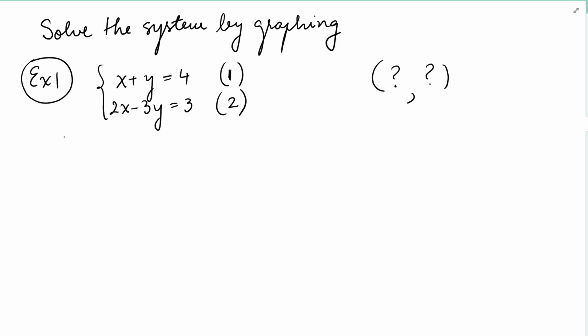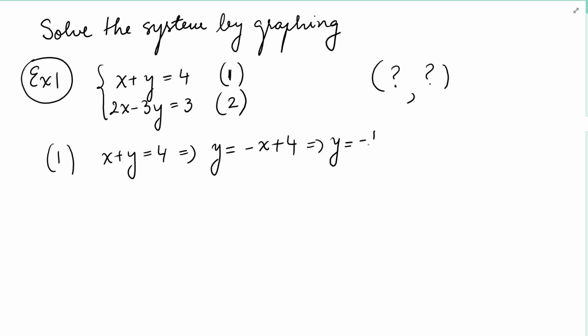To do that, let's start with the first equation, which is x plus y equals 4. Let's write it in slope-intercept form. That means y equals negative x plus 4, which means I can write negative 1 over 1 x plus 4, so I can identify that the slope is negative 1 over 1, and the y-intercept is 4, so that's going to be easier for us to graph it.